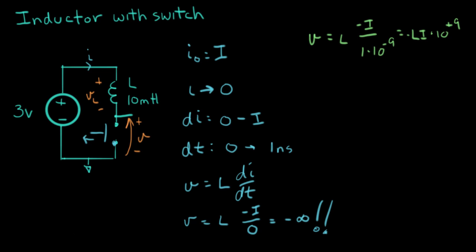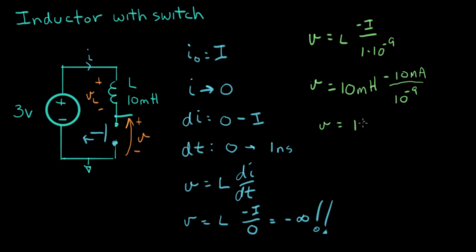Okay, let's plug in some real values and see what we get here. Let's say L was 10 millihenries, and let's say I was 10 milliamps flowing down through the inductor, so delta I is minus 10 milliamps. And the time involved is 10 to the minus 9 seconds. What does that work out to? 10 millihenries is 10 to the minus 3, and 10 milliamps is 10 to the minus 3.